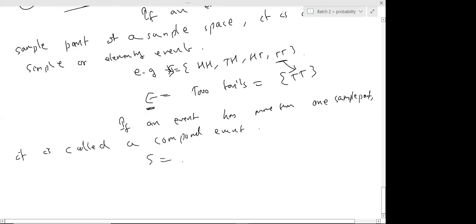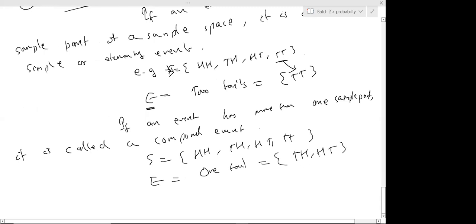Take the same example. You have heads heads, heads tails, tail heads, tail tails. Event P, one tail. So it will have HT and TH. This will be a compound event. All right, write it down.